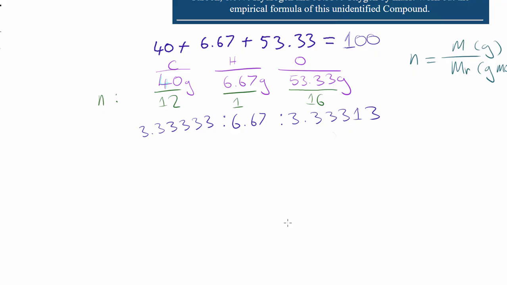So what I'm going to do at this stage is divide all of the numbers by the smallest one. In this particular case, the smallest one we have is 3.33313, which is for oxygen. So we're going to divide all of the values by that.